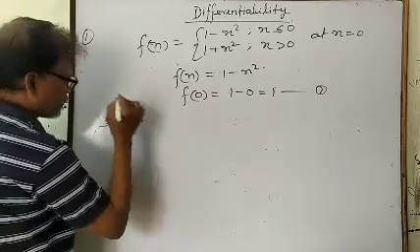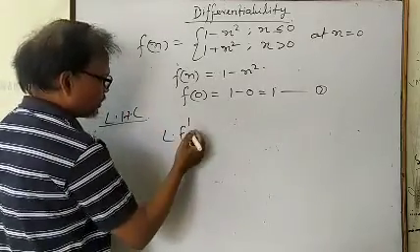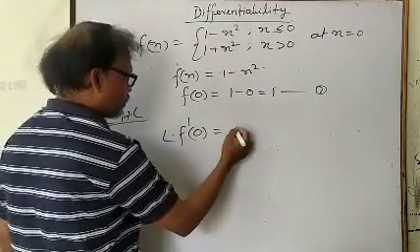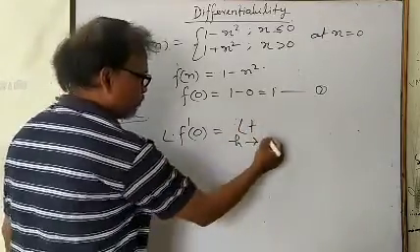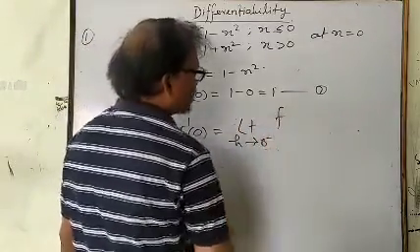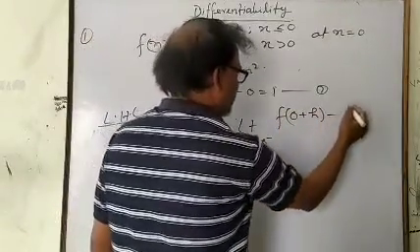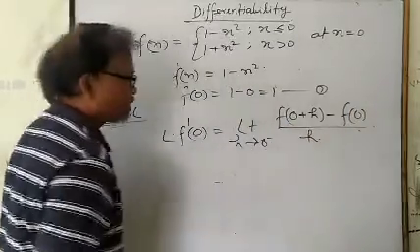Directly, f dash at which point you have to find, that is 0, is equal to limit h tending to 0 minus, f(0 plus h) minus f(0), whole upon h.